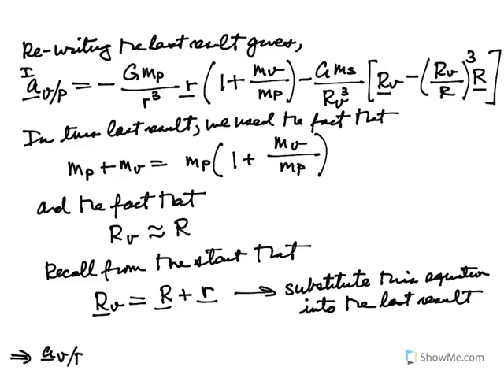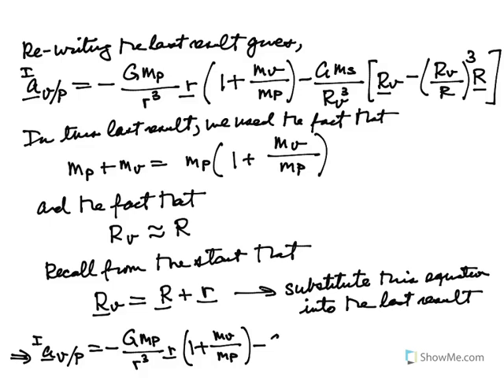We get the acceleration of the spacecraft relative to the planet in the inertial frame is then equal to minus G times the mass of the planet, all divided by r cubed times r, times 1 plus the mass of the vehicle, or the mass of the spacecraft, all divided by the mass of the planet. That's that term.